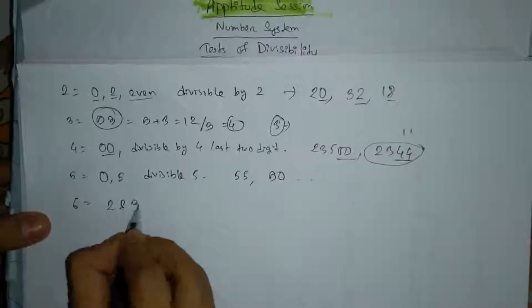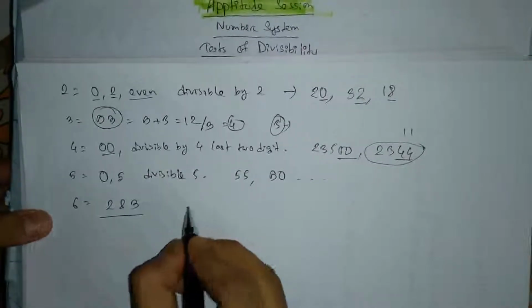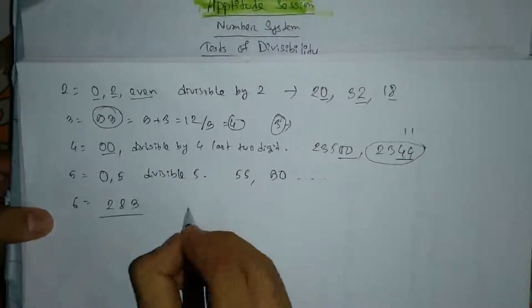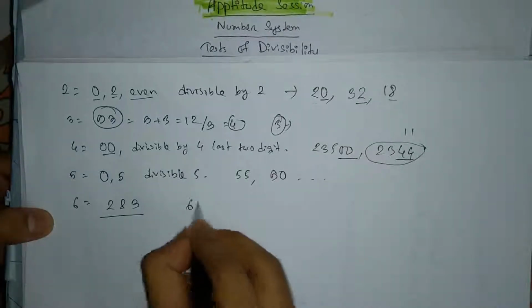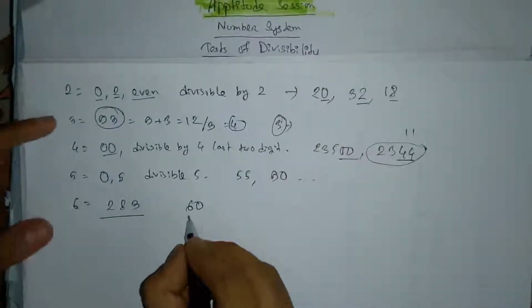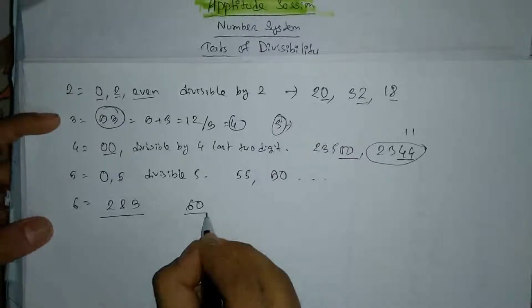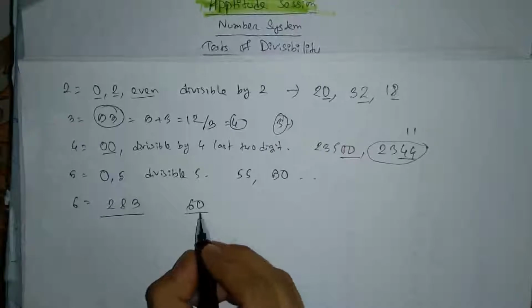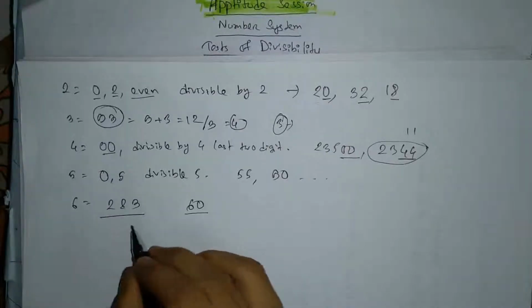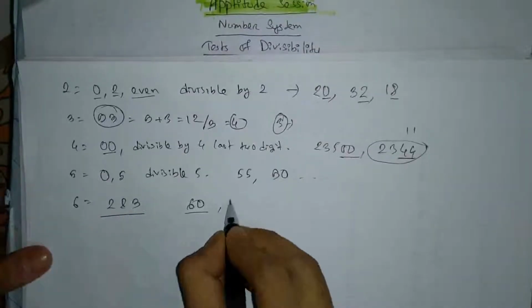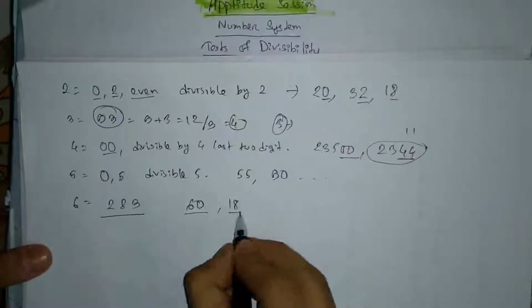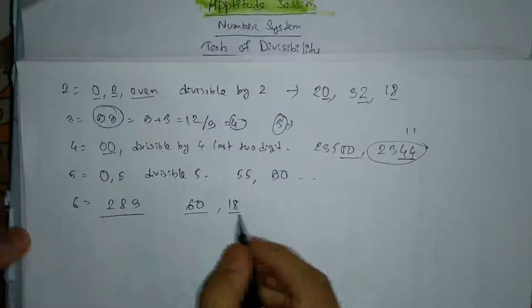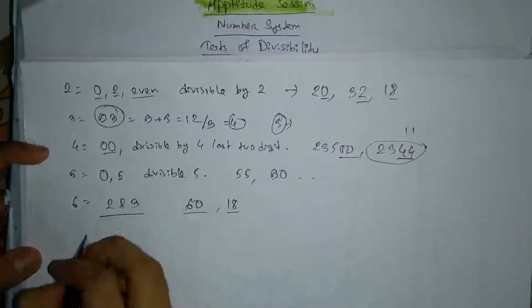Like 60, this number is divisible by 2 and also 3, so it is divisible by 6. 18 is divisible by 2 and 3, so it will be divisible by 6.